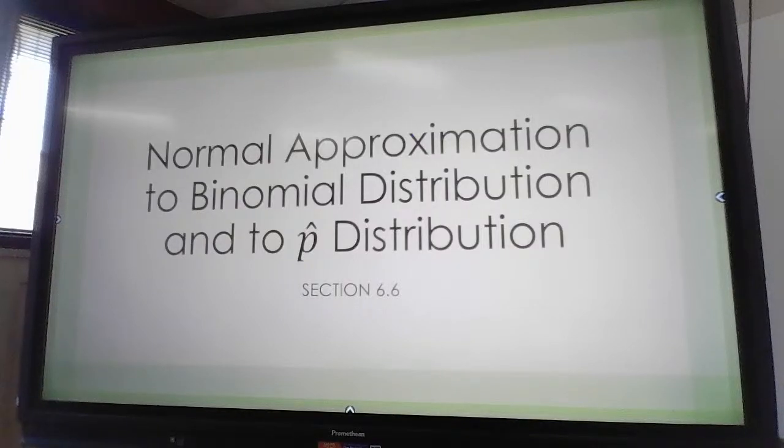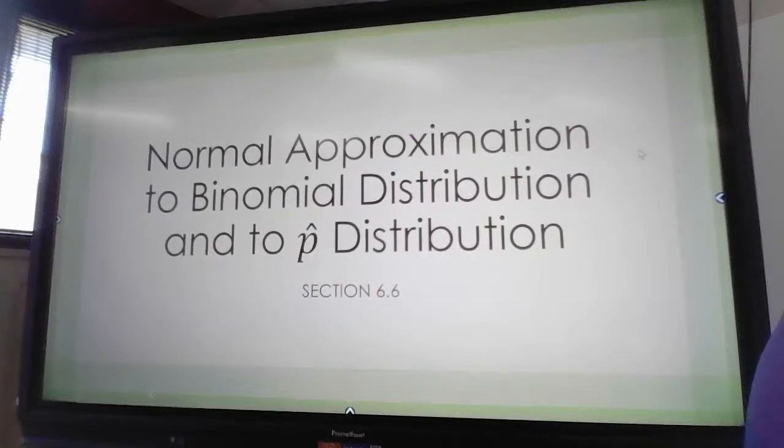We've talked about the standard normal distribution. And we've also talked about using sampling distributions and approximating sampling distributions with normal distributions using the central limit theorem. Here, we're going to go back to binomial distributions before visiting what's called p-hat distributions.